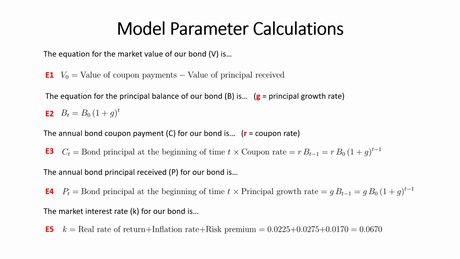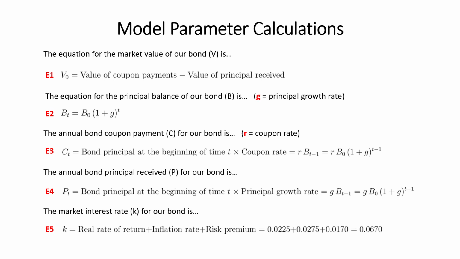According to equation E2, the face value of the bond at time one, at the end of year one, would be the face value at the end of year zero, or now, times 1 plus G to the 1 power. So the face value will increase over time, and E2 is the equation for that face value at any point in time.